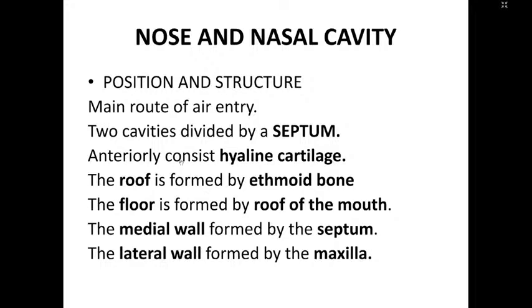So there is a left nasal cavity and a right nasal cavity, and they are divided or separated by the septum. So there is a nasal septum, and when you go to ENT, you will learn about deviated nasal septum or hypertrophic septum, and that can cause your patient to come to you with breathing difficulties. They will say they have a blocked nose.